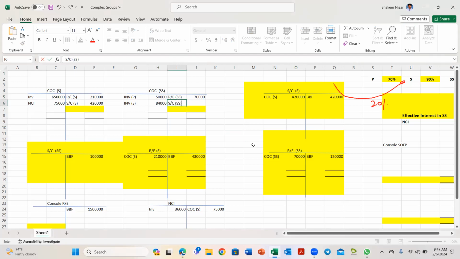Stated capital 100,000, here you can debit the 100,000. Right, that is done. I think that is over.